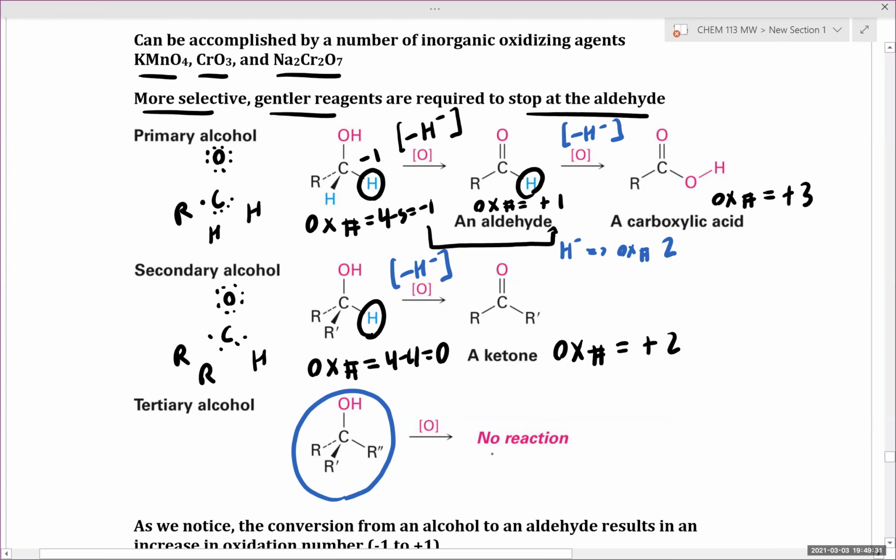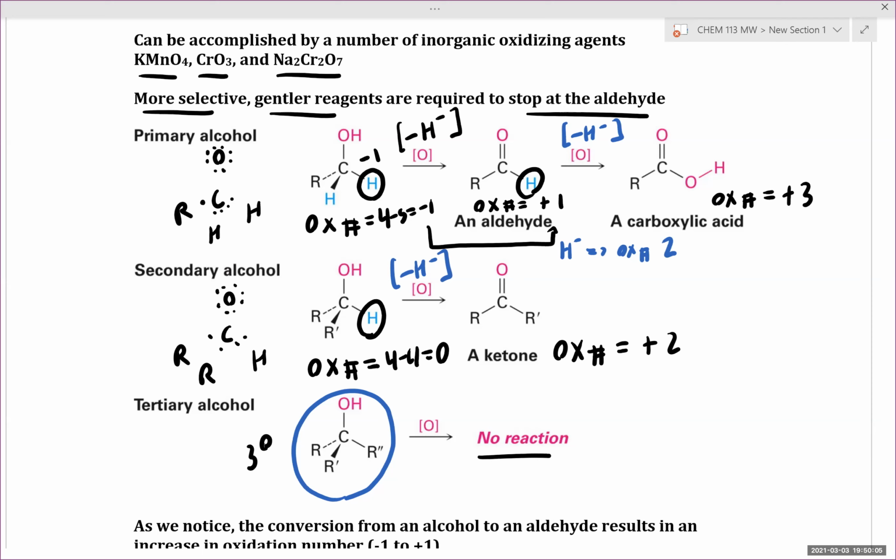No, and as a result, tertiary alcohols are unreactive under oxidation conditions. There's no hydride equivalent to remove. Does that idea make sense to everyone? Any questions on oxidation numbers and which compounds are capable of undergoing oxidation reactions?